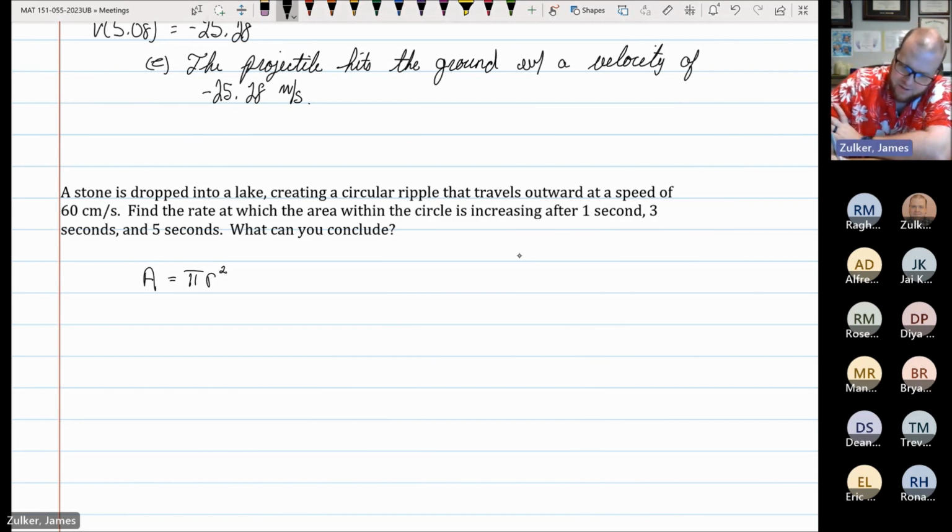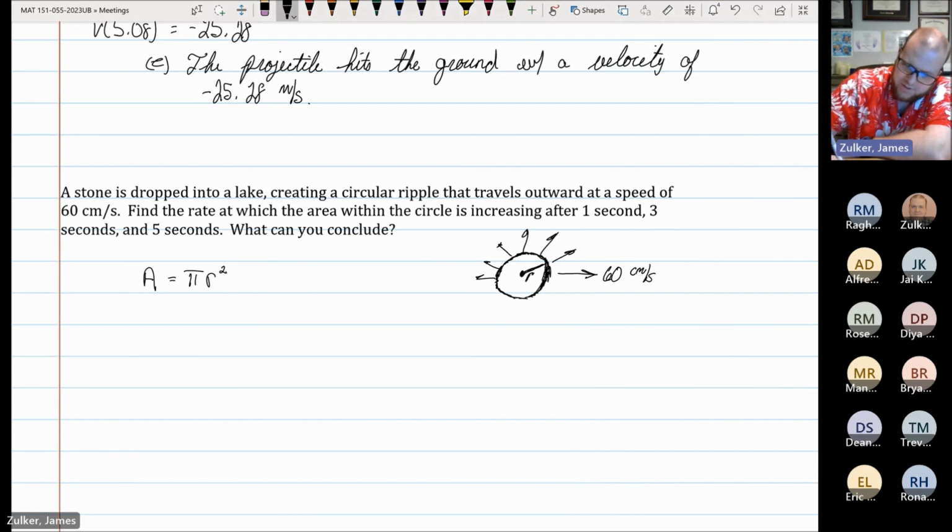All right, so if we look at it, let's say that's our ripple. Right, it's traveling outwards, 60 centimeters per second.